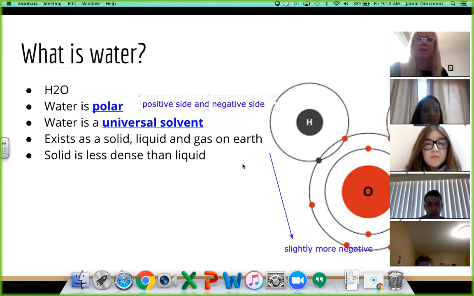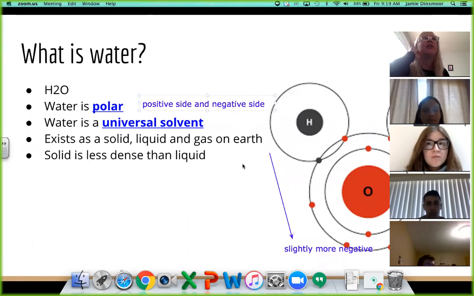Another weird thing about water, it exists as a solid, liquid, and a gas on Earth, right? A few other substances can, but most substances may exist as a liquid and a gas, but not a solid, right? Because it needs to be like negative 300 degrees for them to be a solid. Water in a normal temperature situation can exist as all three, right?